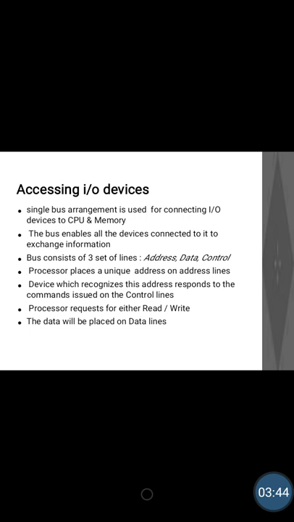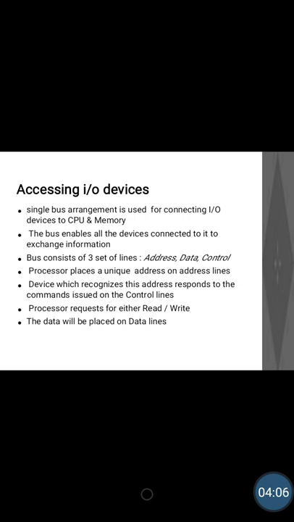If a device finds that it is its own address, then it will recognize it and respond to the commands on the control lines. Then the processor will send a read or write operation and the requested data will be transferred.